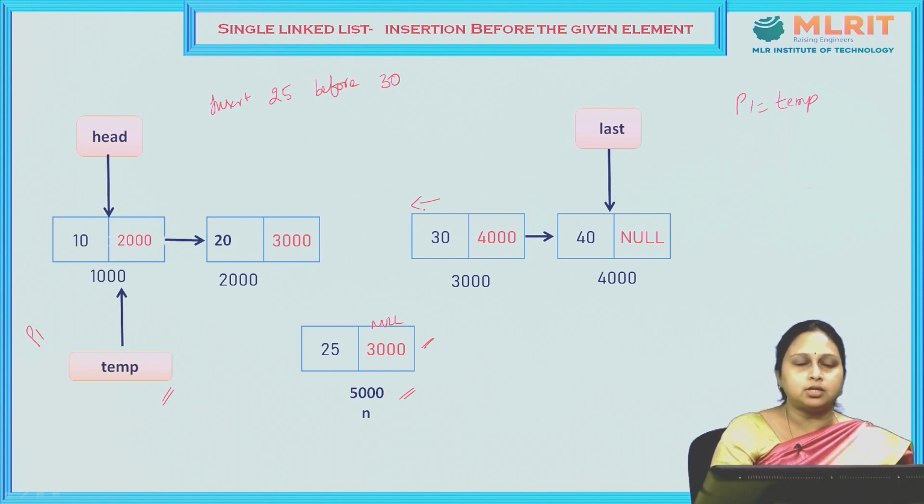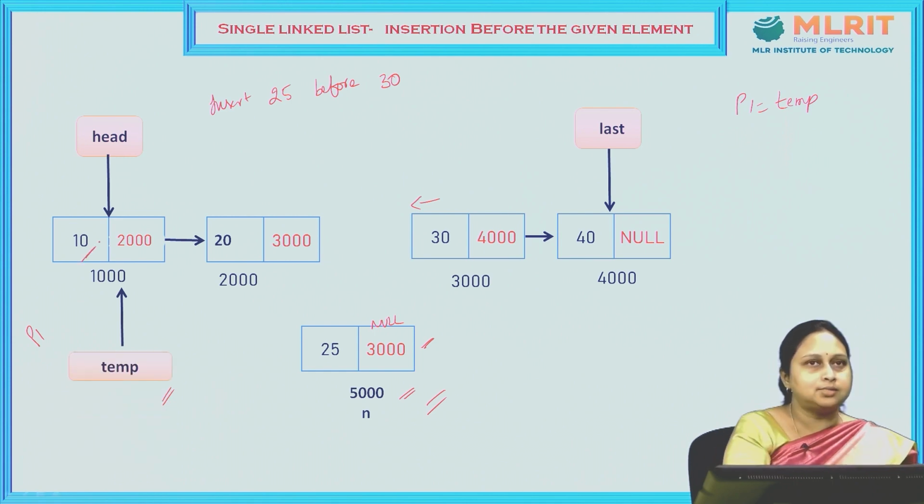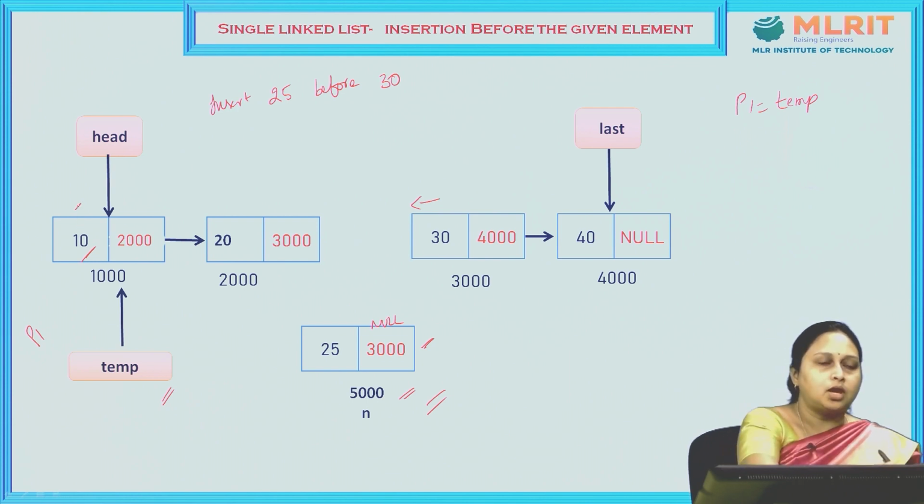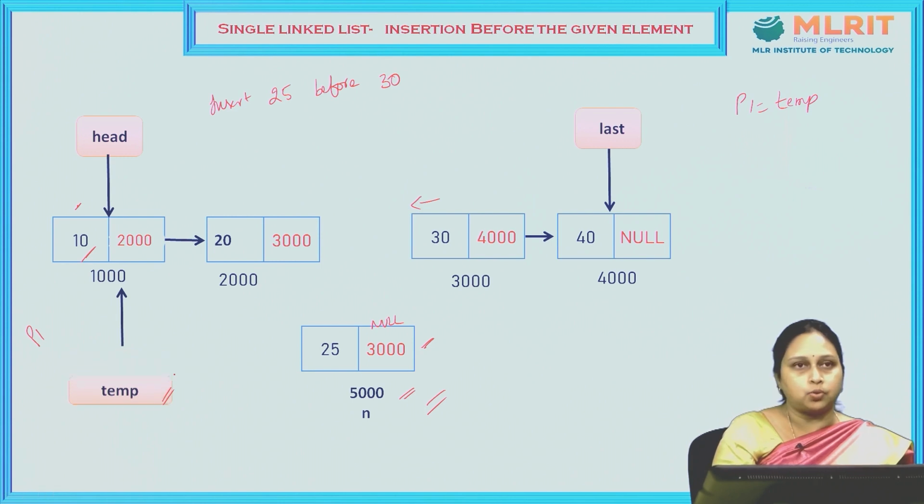If it reaches 30, then I try to insert my new node into my single linked list, right? Now, first I am going to check my temp arrow data. Is temp arrow data 30 or not? No, it is 20. That's why we are going to move our temp to the next location. Now, moving temp to the next location.